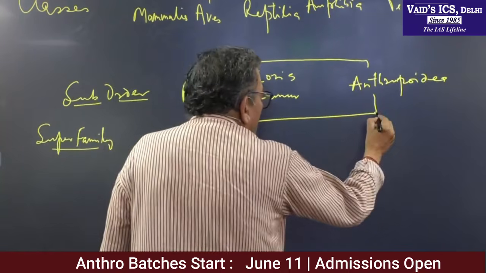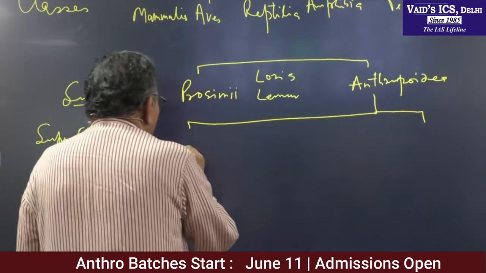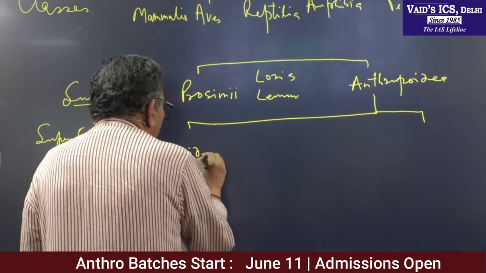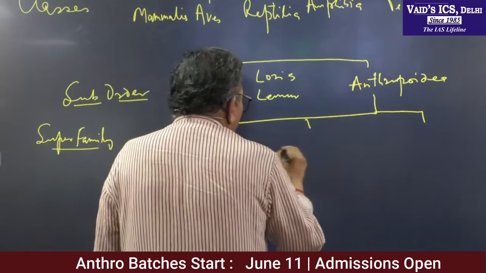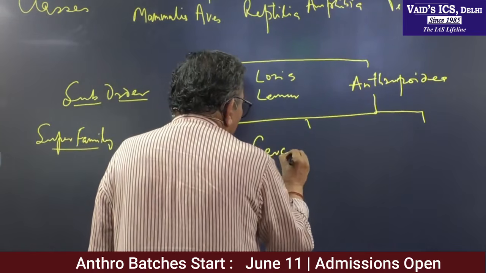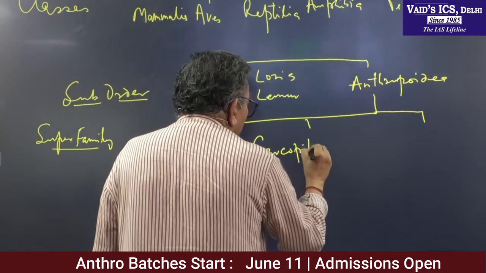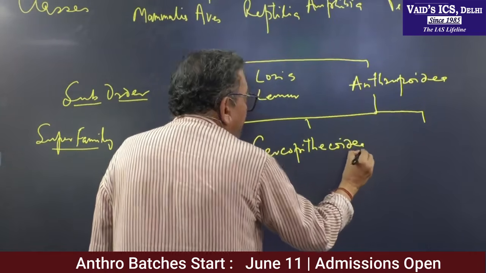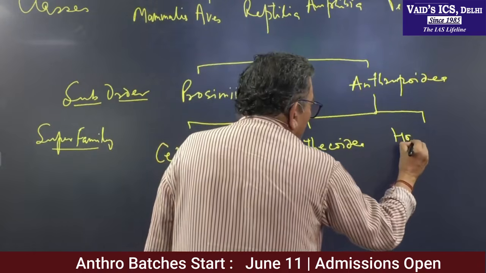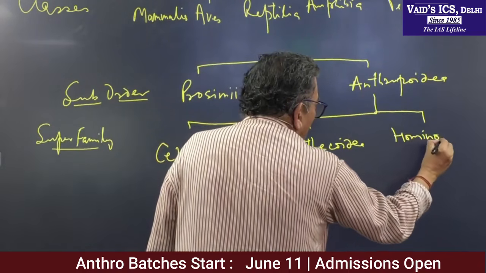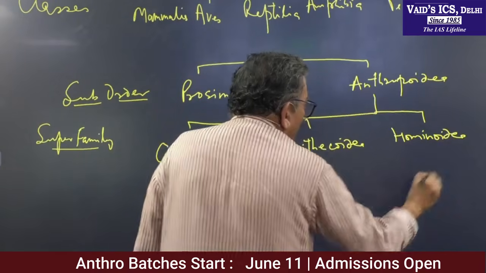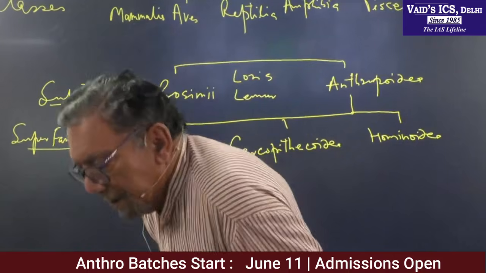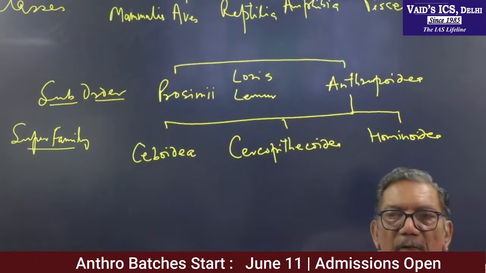Three superfamilies: Ciboidea, Cercopithecoidea, and Hominoidea. Three superfamilies: Ciboidea, Cercopithecoidea, Hominoidea.